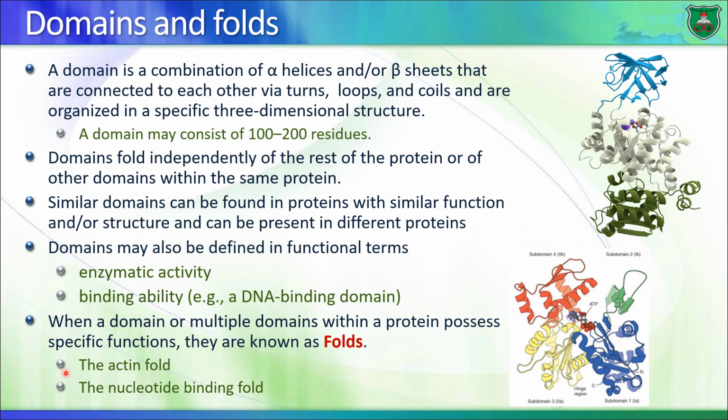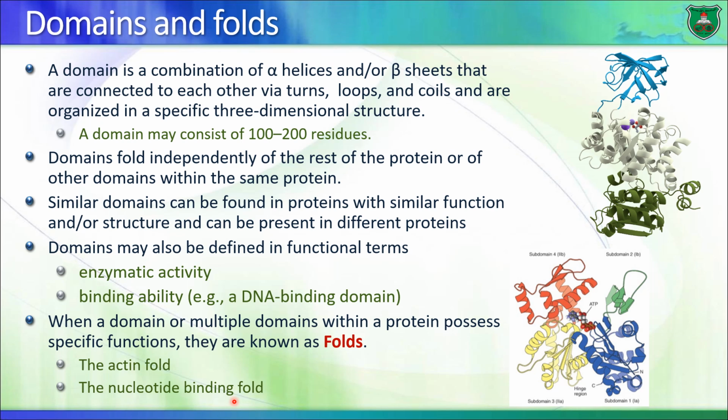Now, something else is that when you have a domain or multiple domains within a protein, and these domains have a specific function, then they are known as folds. And they are given certain names. So for example, you can have what is known as the actin fold. You can have the nucleotide binding fold.